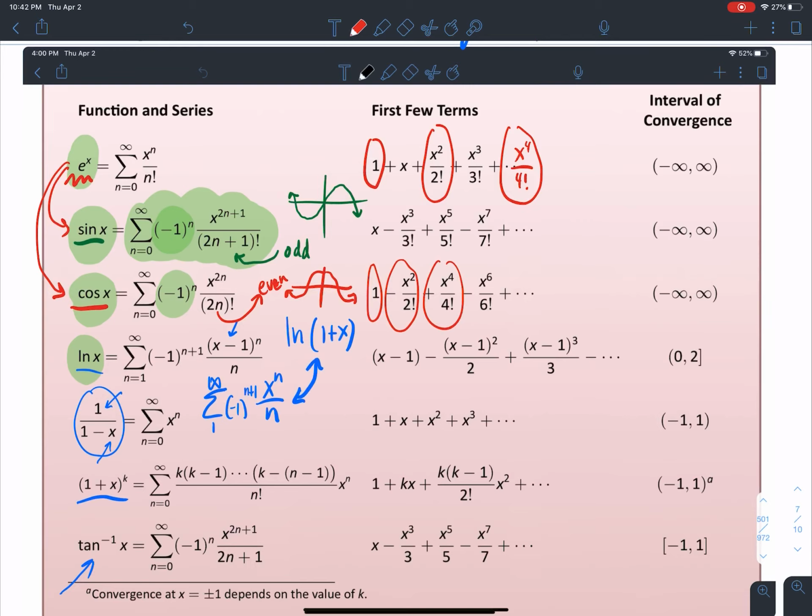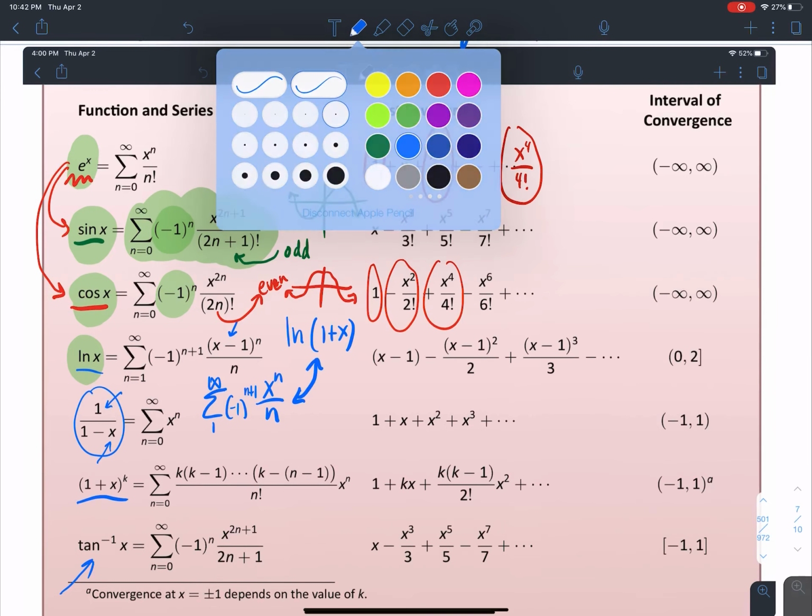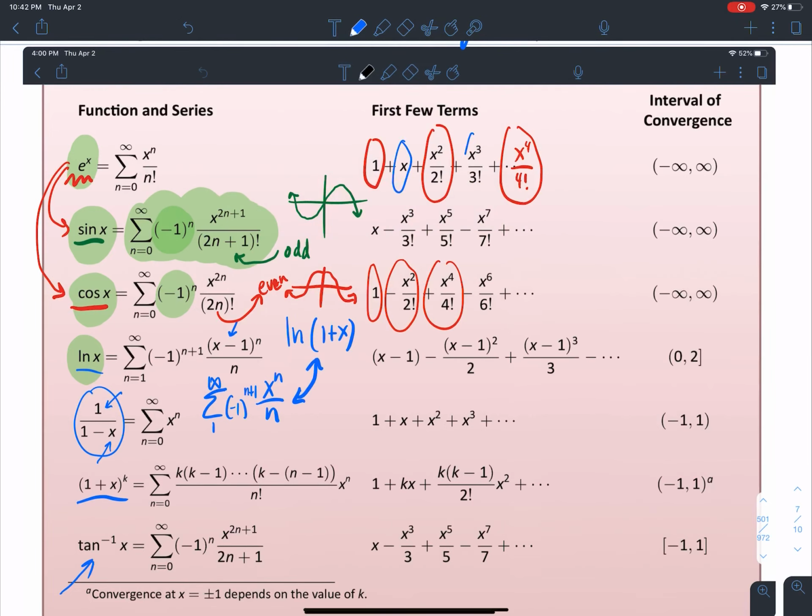And all the odd terms, x cubed, x to the fifth over 5 factorial, look like all of these terms in the sine. The only difference is the sign switcher. So there's a way that the sine plus the cosine is related to e to the x. Very interesting properties going on there.